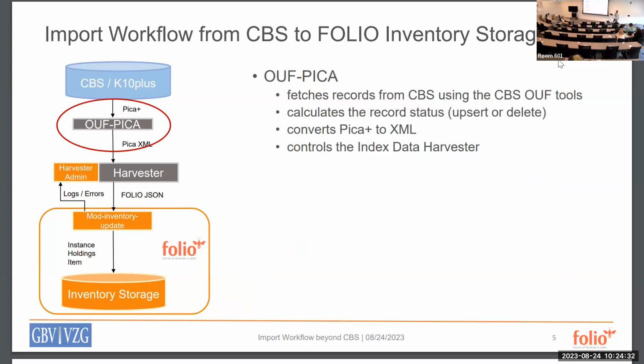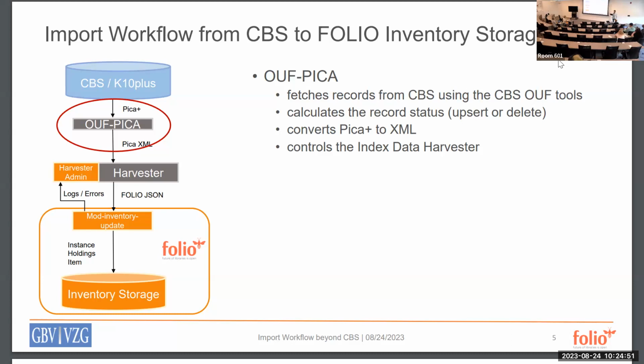First, OF Pica. OF stands for Online Update Fetch and is a CBS tool. And we use this tool to get the information if a title is inserted or updated or deleted and things like that.